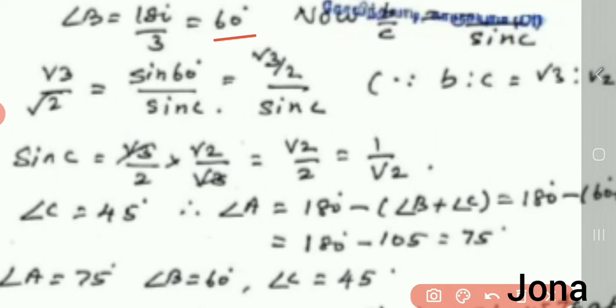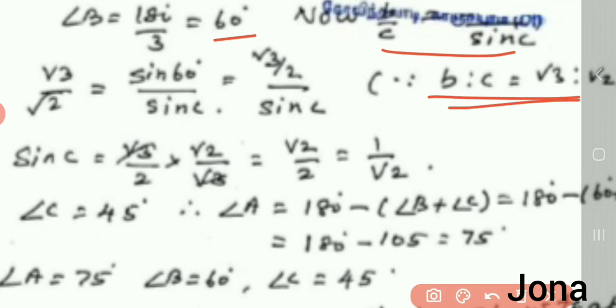By the sine formula, we already have b by sin B equals c by sin C. So I take this as b by c equals sin B by sin C. From the problem, b is to c equals root 3 is to root 2. I can write this as b by c equals root 3 by root 2.